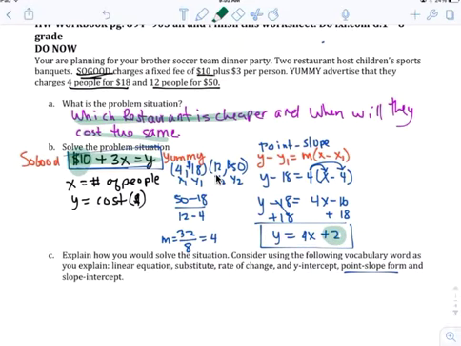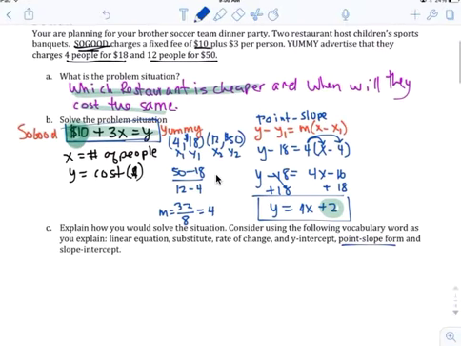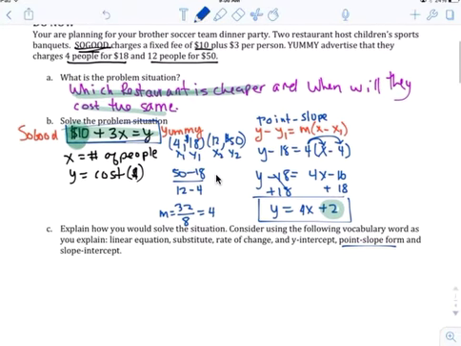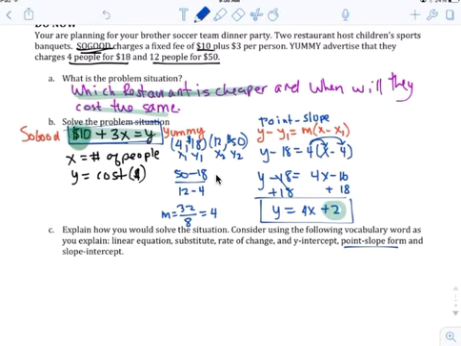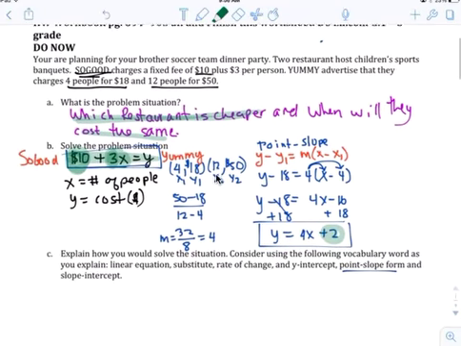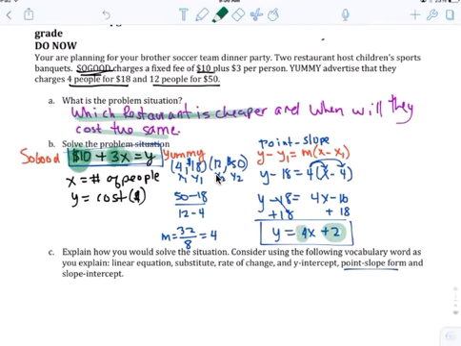So in the beginning it'll be cheaper with So Good, because their rate of change is cheaper. But most likely here, guys, So Good is going to be cheaper all the time because their rate of change is less than Yummy's rate of change.